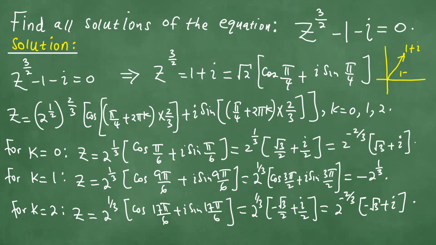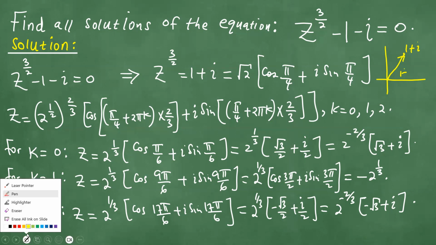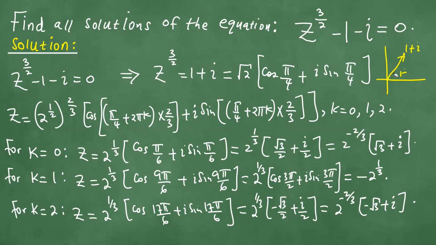And this angle is actually pi over 4 radians. That is the size of the argument of the complex number. And this sits in what we call the Argand diagram. So that is the result.